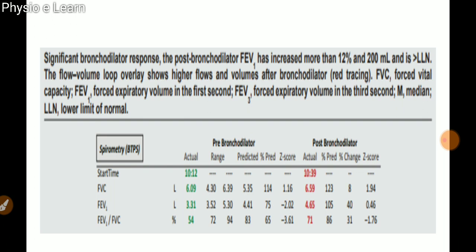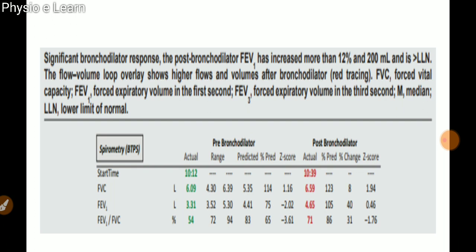So we have discussed the obstructive pattern. Obstructive pattern will have reduction in FEV1 and also reduction in FEV1 by FVC ratio. FVC will be reduced but not markedly reduced. In restrictive pattern, there will be grossly reduced FVC, FEV1 will be reduced, and FEV1 by FVC ratio will be preserved.